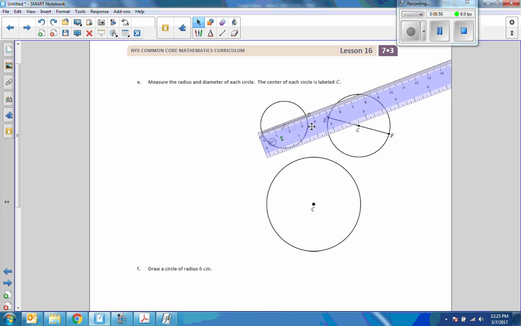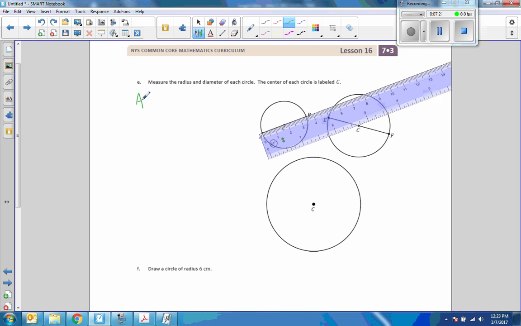So if I measure everything in tenths, centimeters or millimeters, okay, this went out to 3.5 centimeters or 35 millimeters. So it says measure the radius and diameter. So I measured the diameter and it came out to be 35 millimeters.